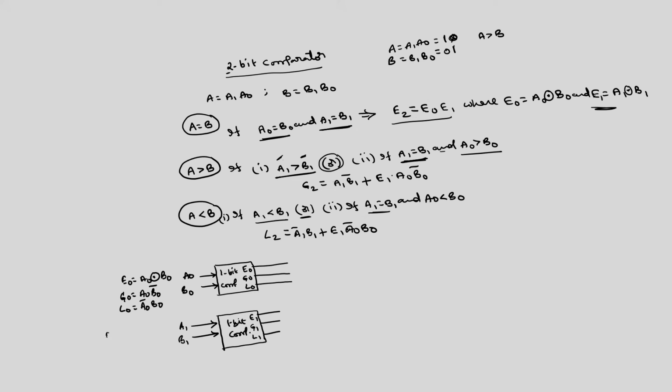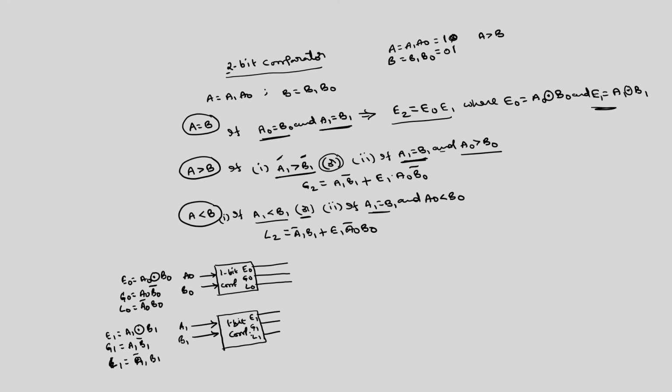The expression for E1 is A1 exclusive-OR with B1, G1 is nothing but A1 B1 bar, and L1 is equal to A1 bar B1.